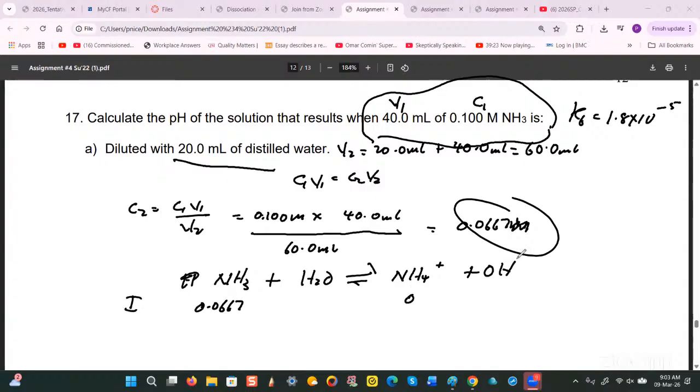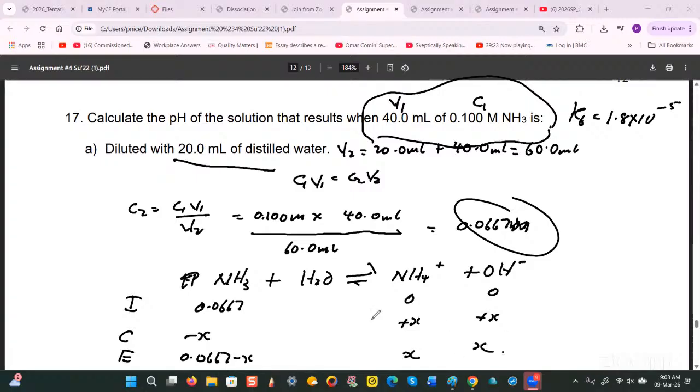Here, you're gonna have 0, and for the OH minus, you're gonna have 0. The change here is minus X, plus X, plus X. So therefore, at equilibrium, you're gonna have 0.0667 minus X. Here you're gonna have X, here you're gonna have X, right?